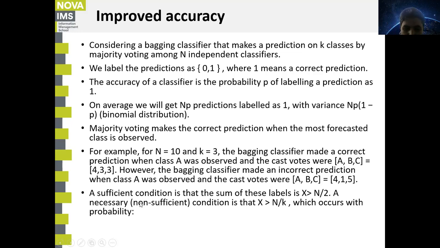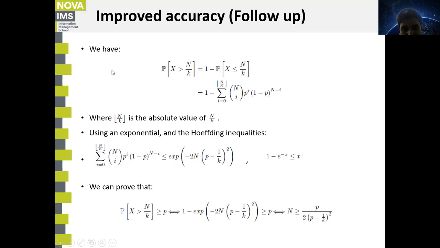A necessary but non-sufficient condition is that X needs to be superior to n divided by K, which occurs with this probability, using the binomial distribution.